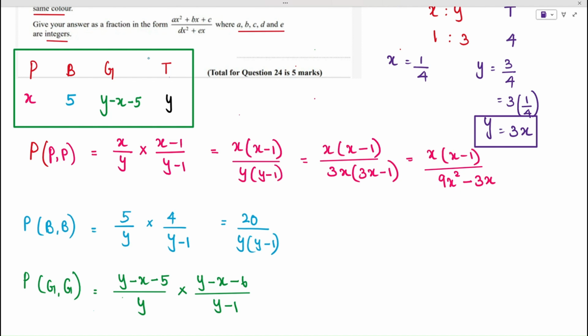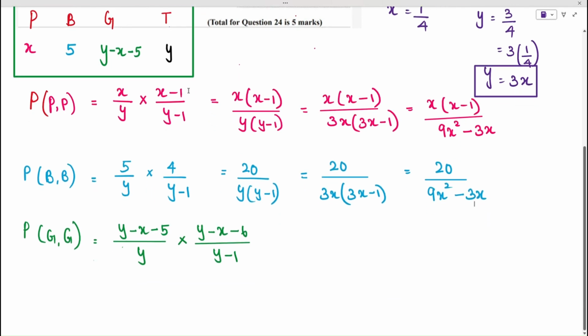So for our probability of 2 blues, this is equal to 20 over 3 times 3x times 3x minus 1, and our denominator remains as 20 over 9x squared minus 3x.